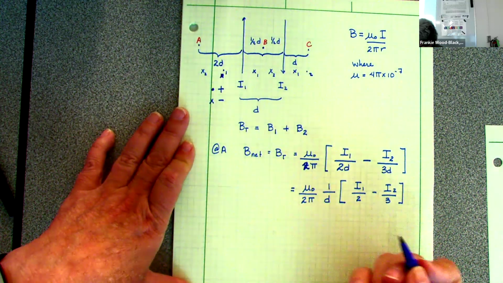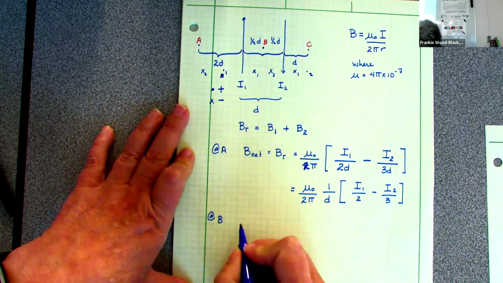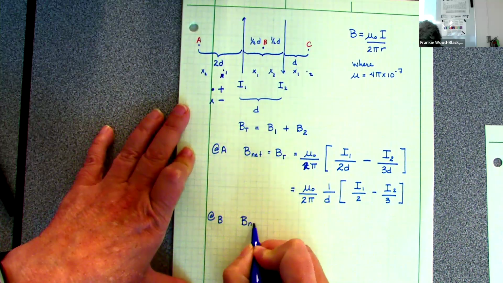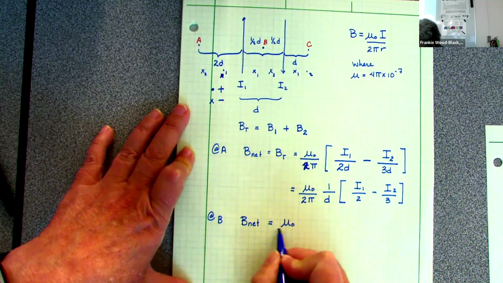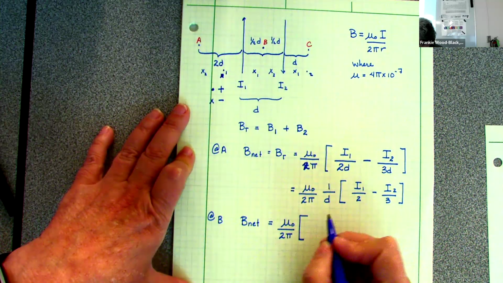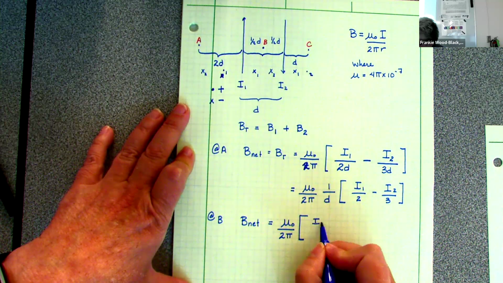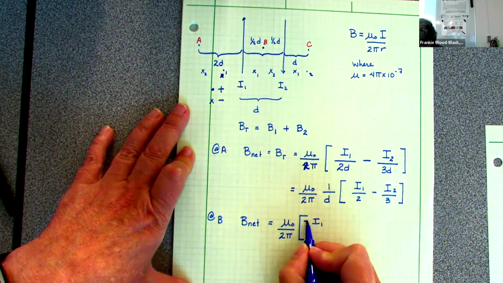Okay, let's do B. So at B, our net field is going to equal, I can pull out my 2 pi. I have my current 1, but at B, it's going into the page, so I'm going to have to put a negative.